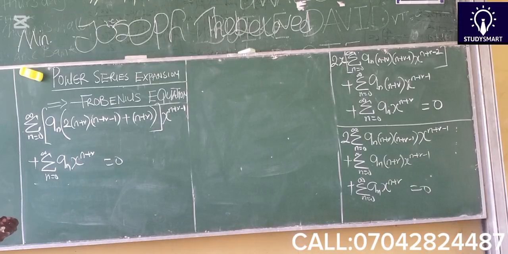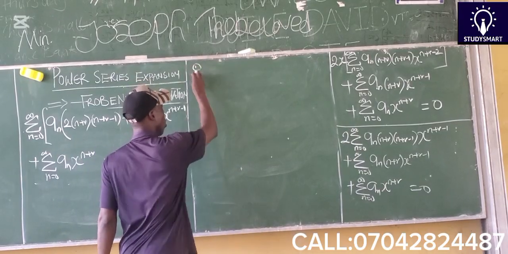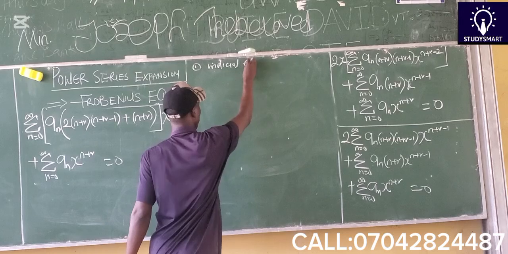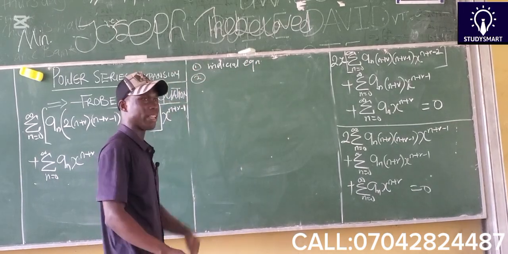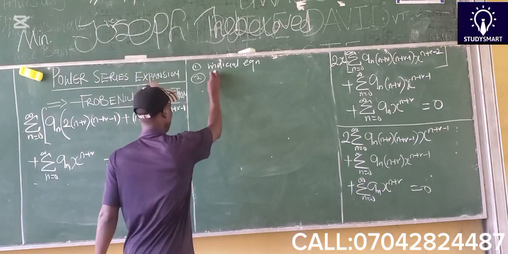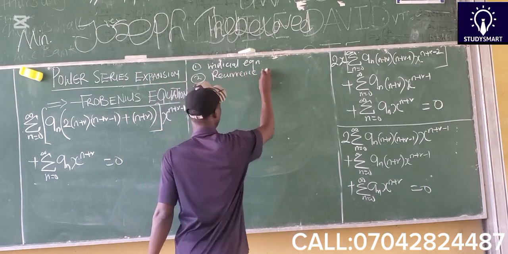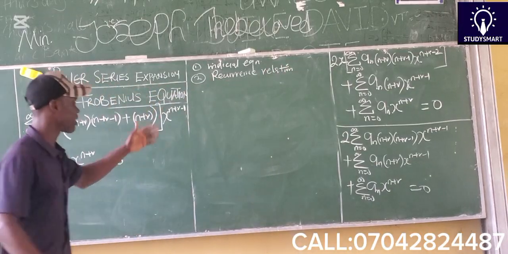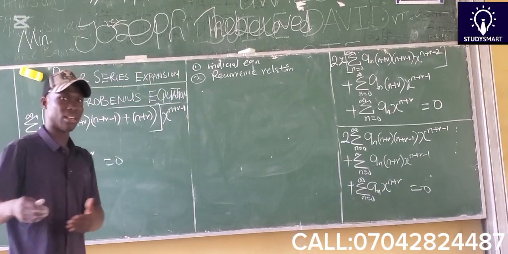The whole idea in this Frobenius equation is that we are going to get two equations. One is what we call the indicial equation, and secondly, we are going to get what we call the recurrence relation.